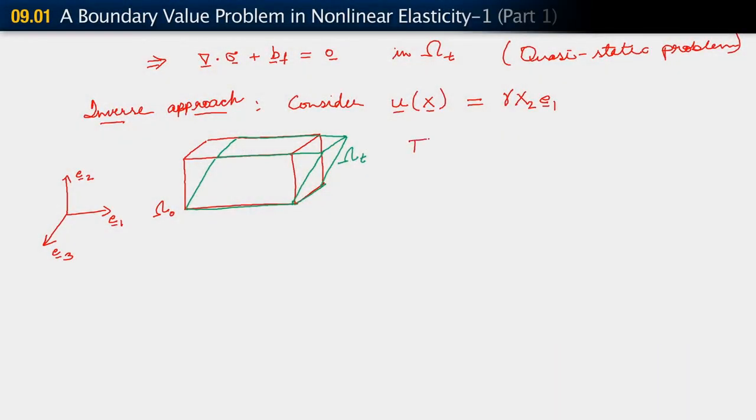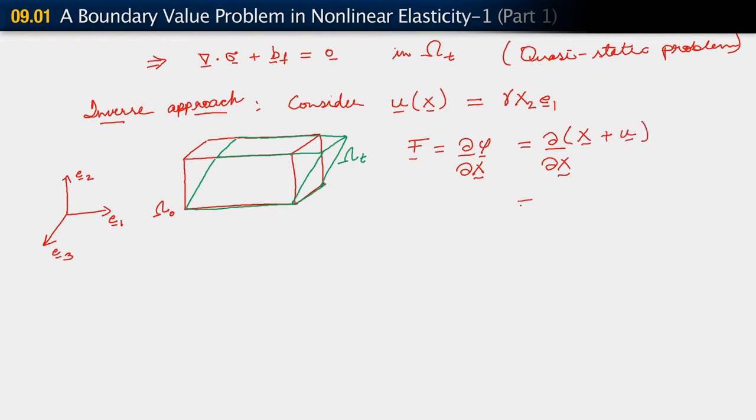We have F. F, remember, is the derivative with respect to x of phi. And phi, since it's a point-to-point map, is constructed as reference position plus displacement field.